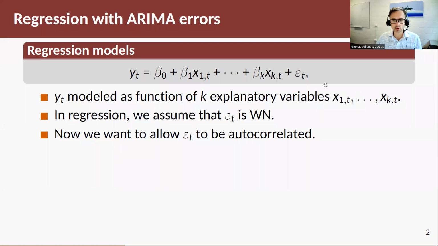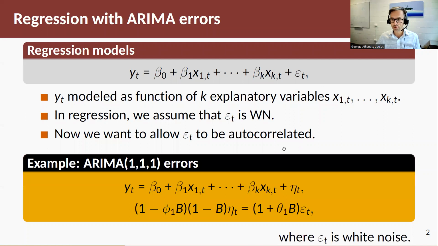So a regression model, the typical multivariate regression model, looks like this, where epsilon t is the error process, and we assume that epsilon t is a white noise process. What we want to do here is extend this to allow for epsilon t to be autocorrelated. Here's an example where we have our regression model, but it has a different error process, eta t, and this eta t is now allowed to have dynamics in it.